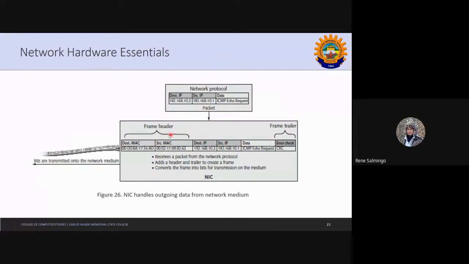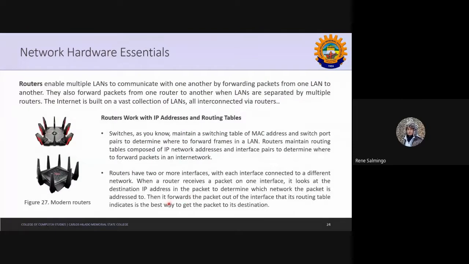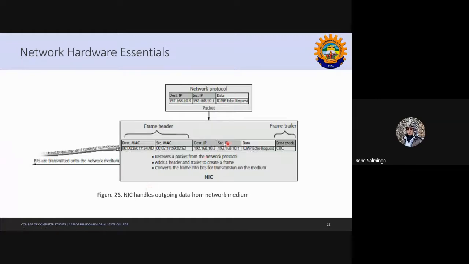So we have the source address, and it forwards the packet out of the interface that its routing table indicates is the best way to get the packet to its destination. So inside this, there is a routing table that allows us to determine where we are going to send those packets.